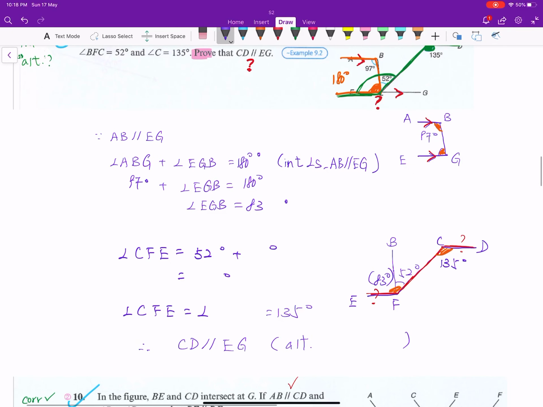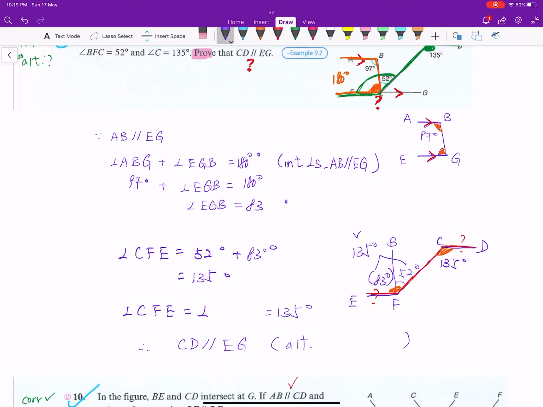Now we are going to check if CD is parallel to EF by checking the alternate angles. So you can find angle EFC, equals CFE, equals 52 plus 83 degrees. So it is 135, okay? So if we sum up these two angles, it equals 135.